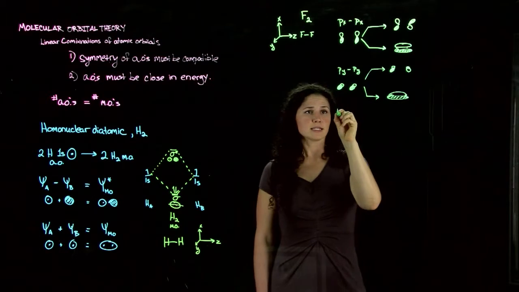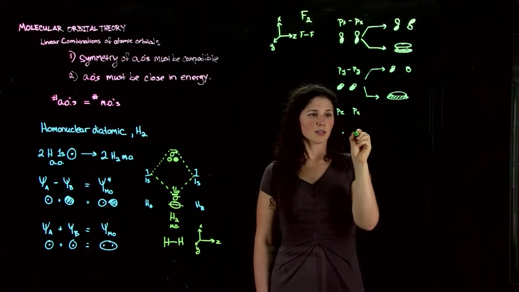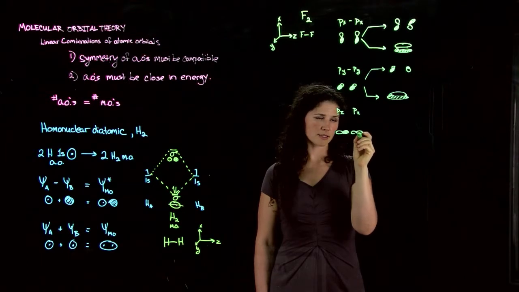And now we have pz to consider, and pz will look a little bit different because the pz orbital is along the internuclear axis.